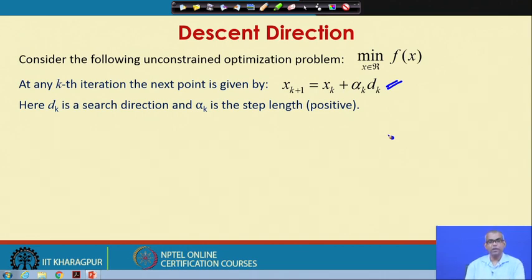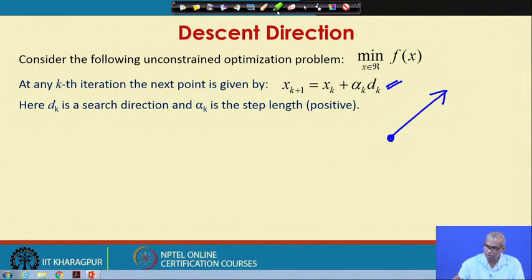If you have a point during your iterative search and you want to find out the next point, we can decide a direction and then move certain steps along this direction.